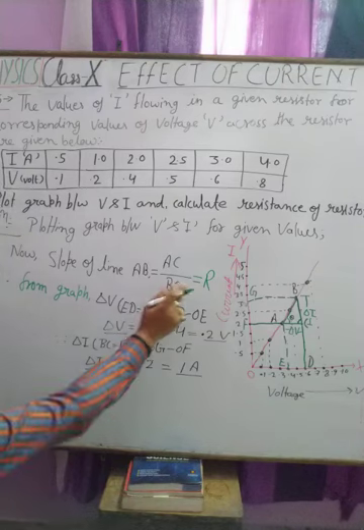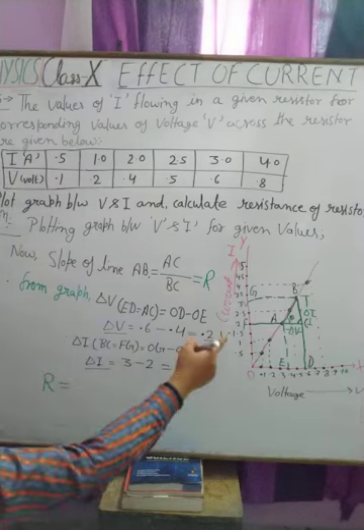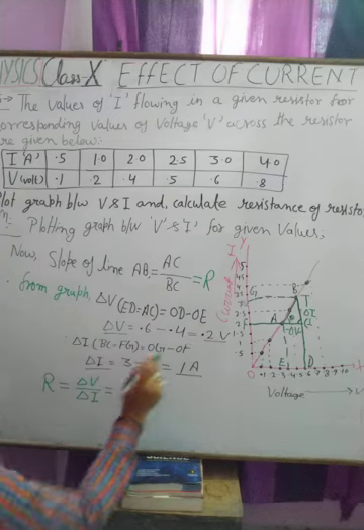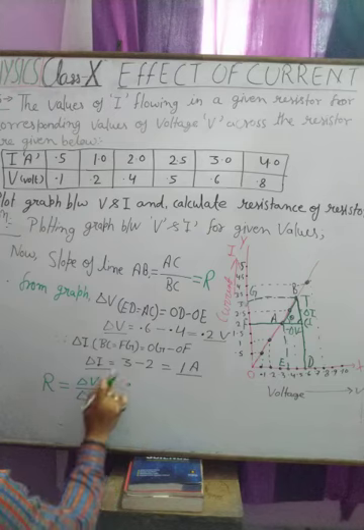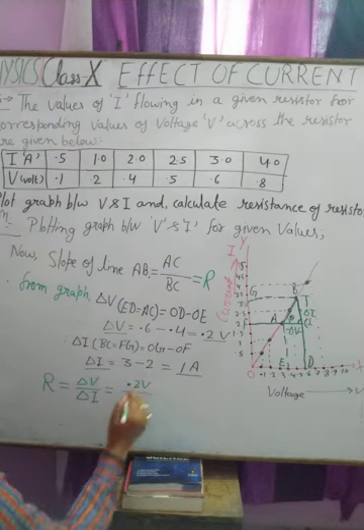Therefore, we are using the resistance R of the given resistor wire, which is the value of AC, is del V upon del I, and the value of del V is 0.2 volt and the value of del I is 1 ampere.